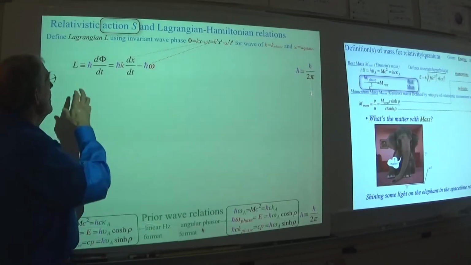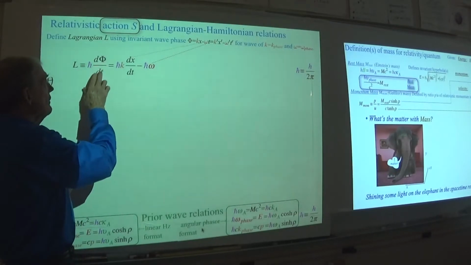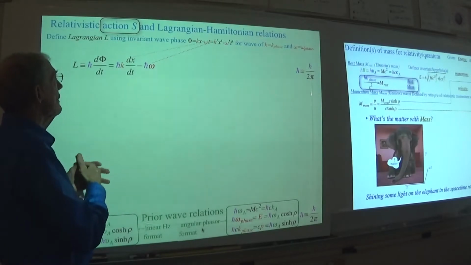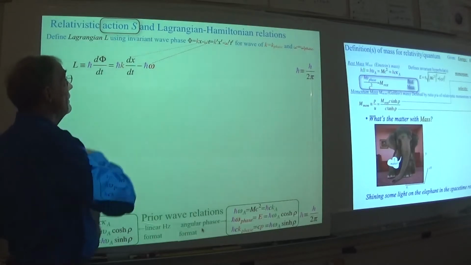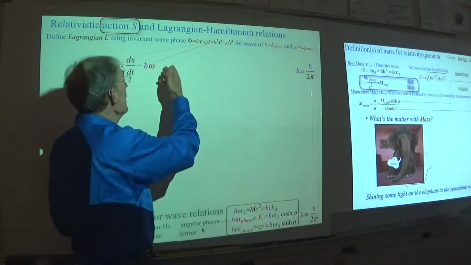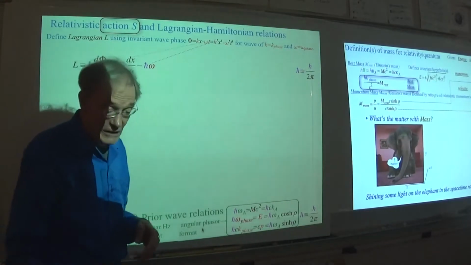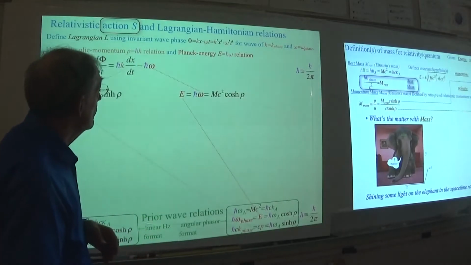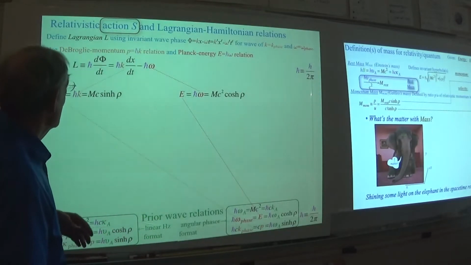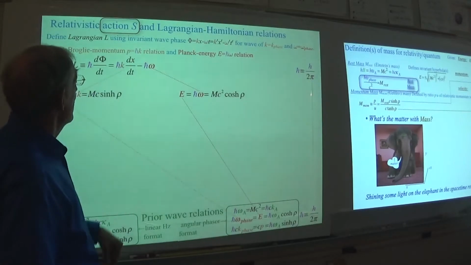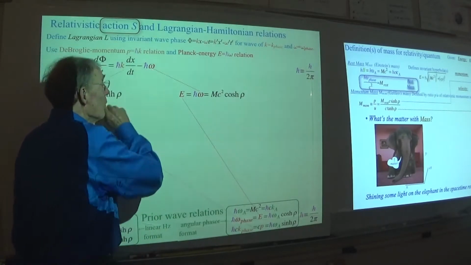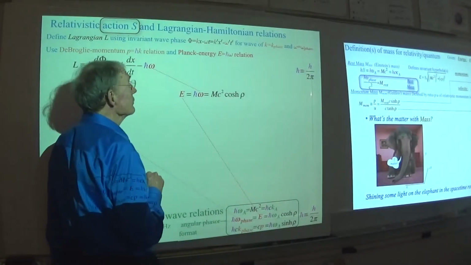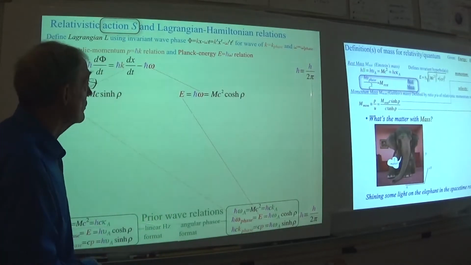But in any case, it's the derivative of the phase that we actually get to play with, and that comes down to something that looks like this. Right here, I get rid of the time and have a dx dt sitting there, and then we just play with that. This h bar k comes out to be our hyperbolic sine momentum. This h bar omega comes out to be our hyperbolic cosine, with its mc squared.